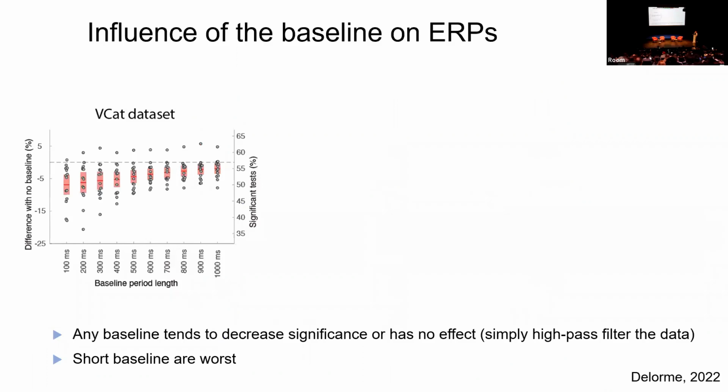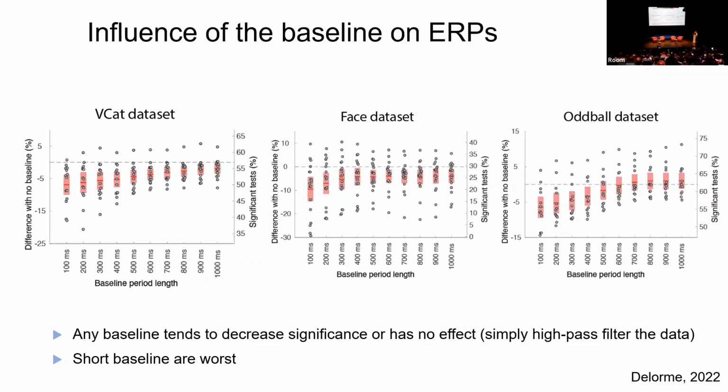And that's also what Arno found in his data. If you use a long baseline, it actually gives you more significant channels, basically in all the data sets, but there is no significant difference to having no baseline at all, which is probably because he high-pass filtered the data. So if you have a good high-pass filter, you don't really need to use a baseline for epoching.